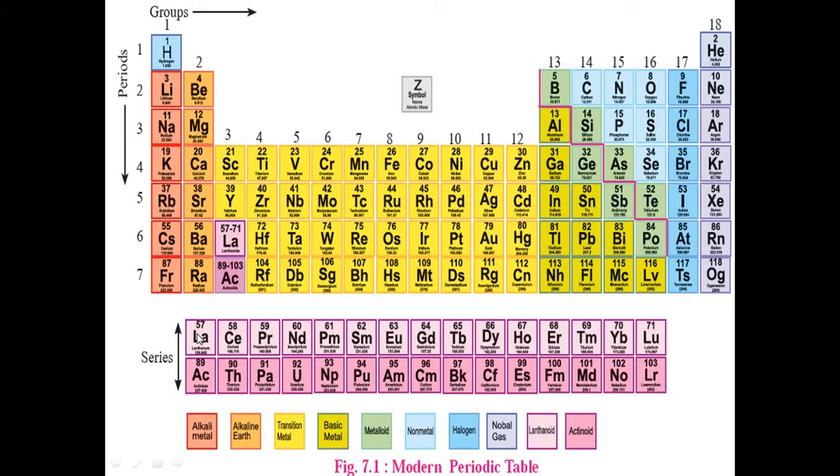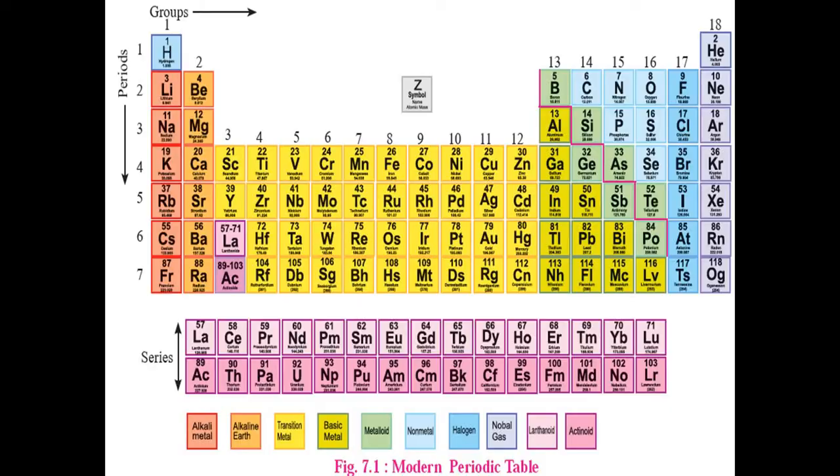It is classified into alkali metals, alkaline earth metals, yellow as transition metals, dark yellow as basic metals, light sky blue as metalloids, sky blue a bit darker as non-metals, and extra dark as halogens. These are the noble gases, the last, 18th group, then the lanthanide series and actinide series. Are you getting this? This is the classification of the modern periodic table which is given in our book.